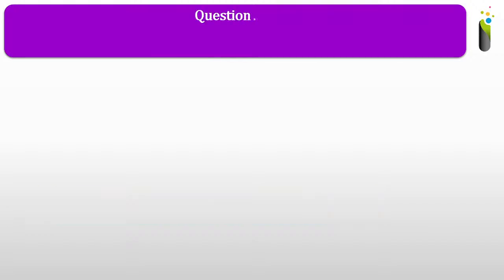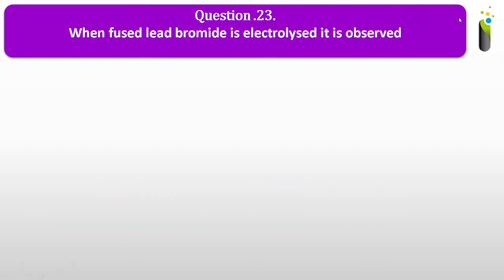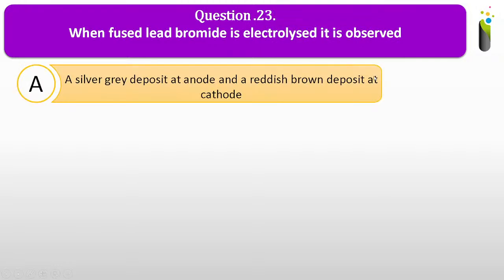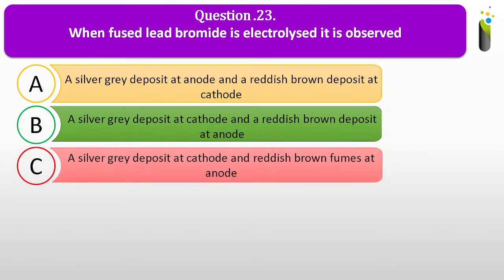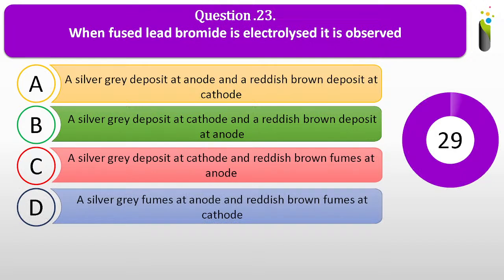Going ahead to question number 23. When fused lead bromide is electrolyzed, it is observed: A. A silver gray deposit at anode and a reddish brown deposit at cathode. B. A silver gray deposit at cathode and a reddish brown deposit at anode. C. A silver gray deposit at cathode and reddish brown fumes at anode. D. A silver gray fumes at anode and reddish brown fumes at cathode.